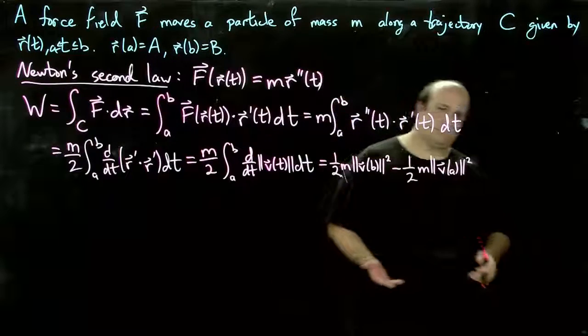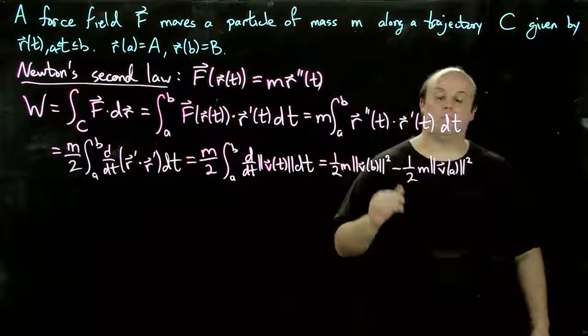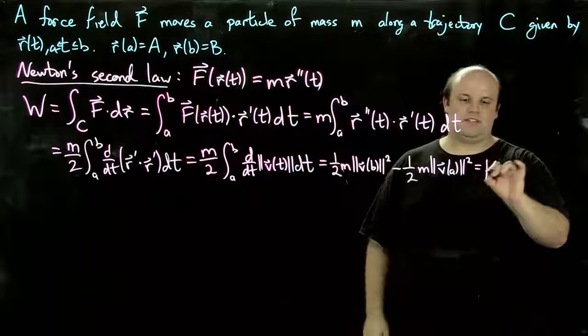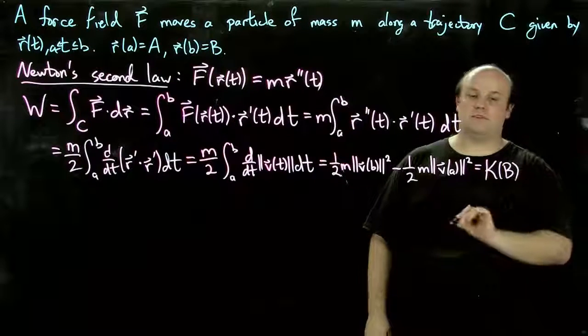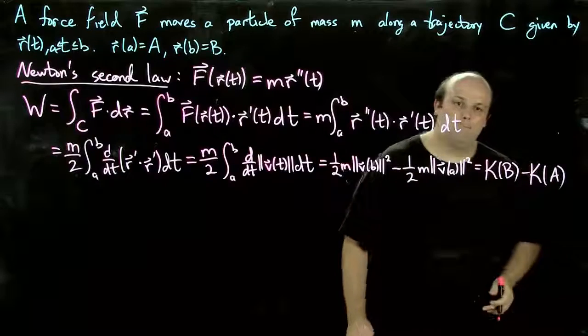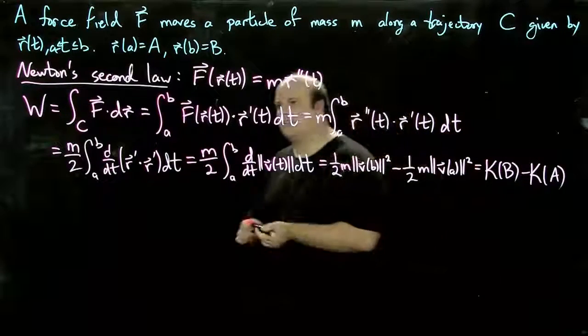But if you remember, this is just kinetic energy, 1/2 mass times speed squared. So this is just the kinetic energy of the particle at point B minus the kinetic energy at point A. Okay?